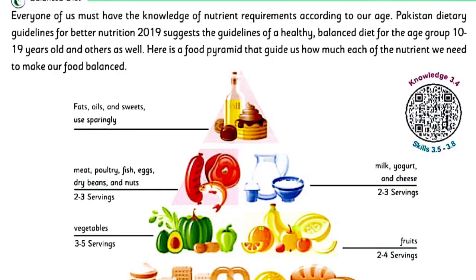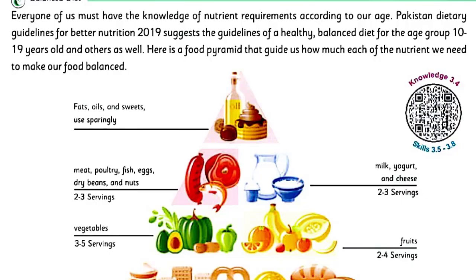Every one of us must have the knowledge of nutrient requirements according to our age. Pakistan Dietary Guidelines for Better Nutrition 2019 suggests the guidelines of a healthy, balanced diet for the age group 10–19 years old and others as well.